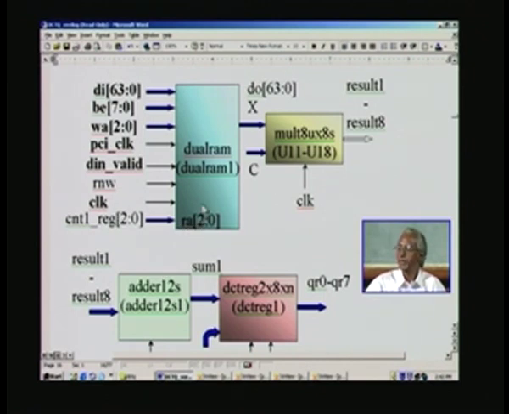Now, once you have filled and given a start for DCTQ processing, this read address is applied to RAM 1, let us say, and gets the very first row into this X here. Note that the row has only 64 bits, that is what is applied here, and corresponding to this we are going to evaluate the CX matrix.